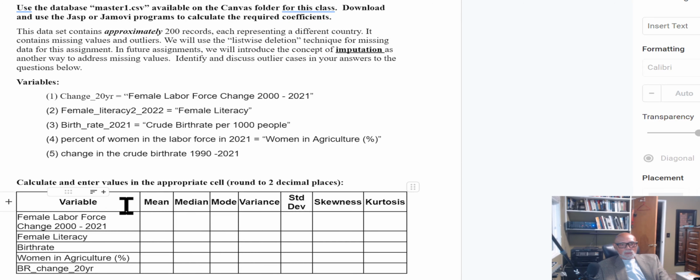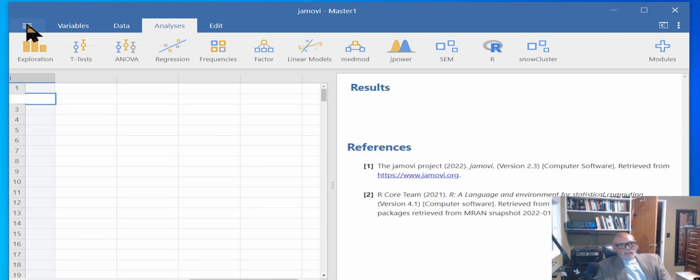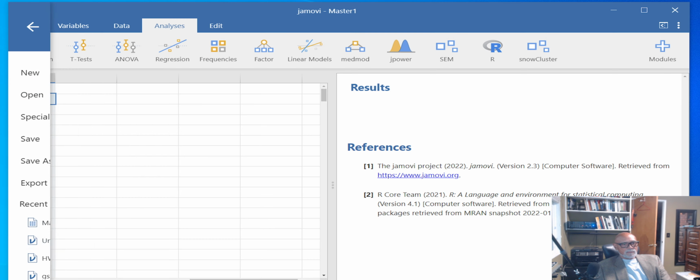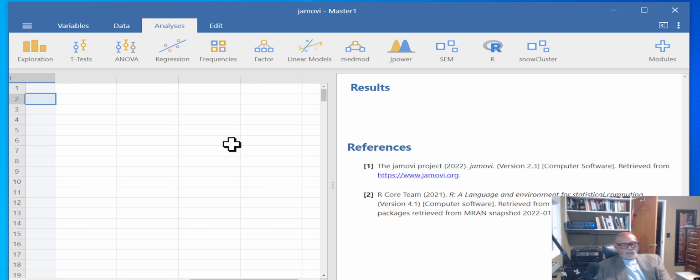On those, we want you to record the mean, the median, the mode, the variance, standard deviation, skewness, and kurtosis, along with measuring the shape of the distribution by looking at graphs and identifying outliers. Okay, so when we open our Jamovi, we're going to find the data, and you'll find that under Master 1.